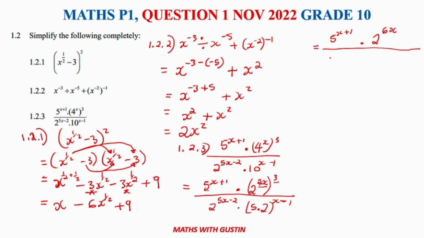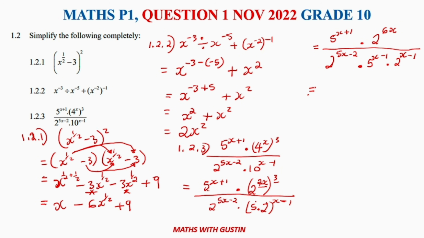All right, makes sense. 2 to the power of 5x minus 2, there's nothing we can do there. So therefore right here, this 5 must be 5 to the power of x minus 1, and also the 2 should be, because you are multiplying everything that is on this power with the power on that side. So it's going to be 5 to the power of x minus 1, and then you're going to have 2 here to the power of x minus 1. Now we've got everything in terms of 5s and 2s. Makes sense now.